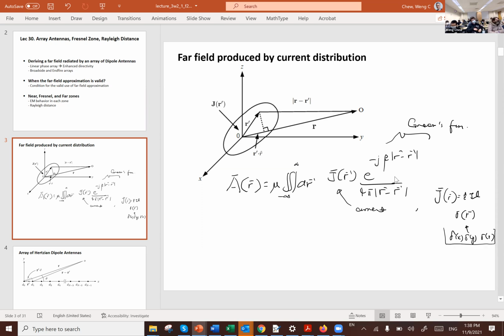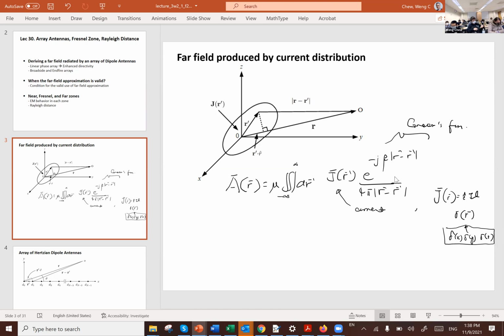But other than that, you can't do very much when you have this very complicated integral.